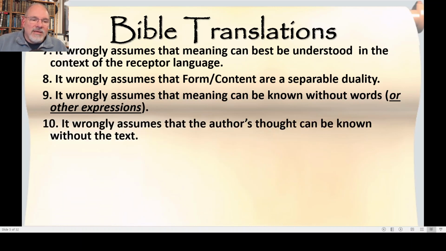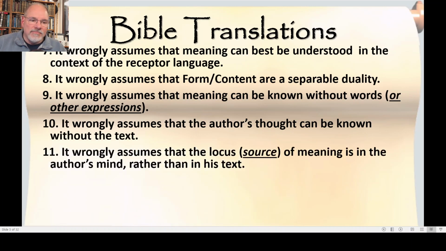If you follow that. It wrongly assumes that the author's thought can be known without the text. Again, that's an absurdity. How can I know the author's thought? I actually can't necessarily know the author's thought unless the author tells me. I can only know the text and try to interpret it in its context. That's all I can know, right? And that's how I derive the meaning.